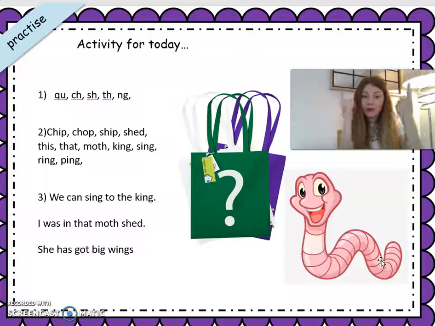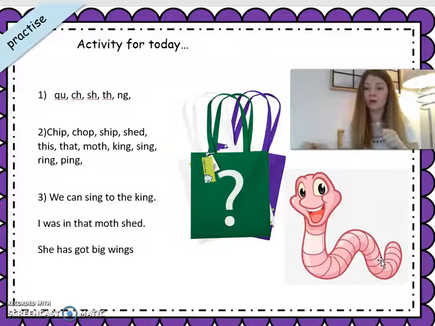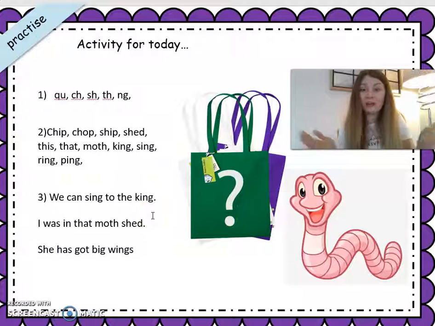So that will keep your brain active, keep you moving and grooving whilst you're doing your phonics today. So remember what I said, you can print off these suggested words and sentences, or you can write them down. Okay, don't forget to add in your worm though, because this will make it extra fun and you never know when you're going to pull him out.